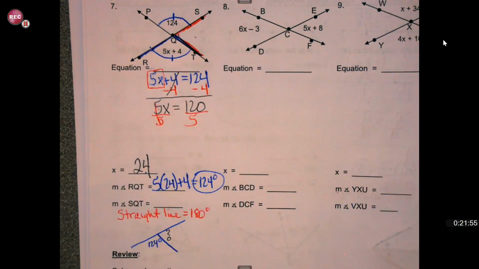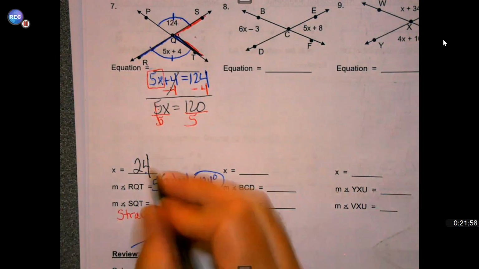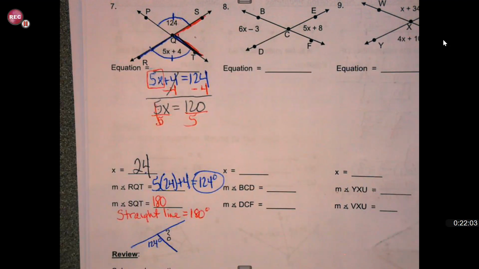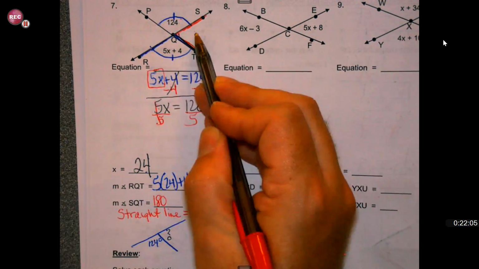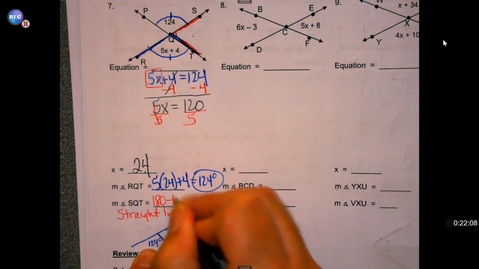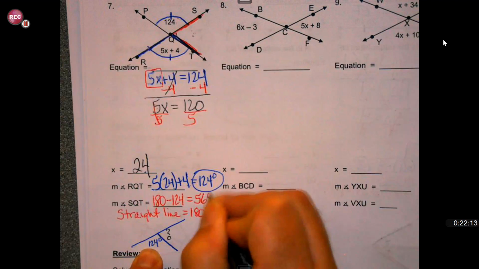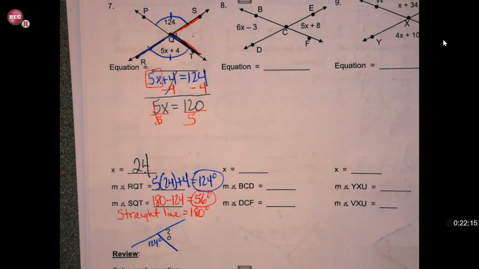So my job here is going to be to take 180, the straight line that these two angles make, and just subtract the angle that I already have. And that's going to get me my other angle. So even though there's not another variable there, we can still find that other number just by doing 180 minus that. And go about it that way.